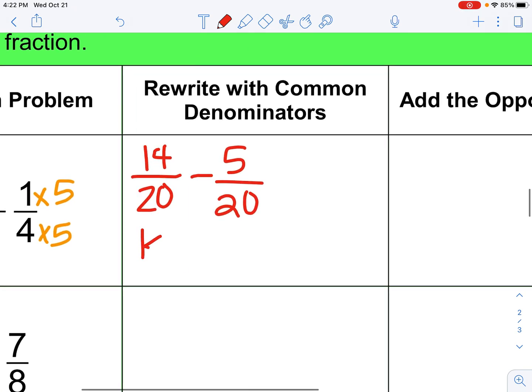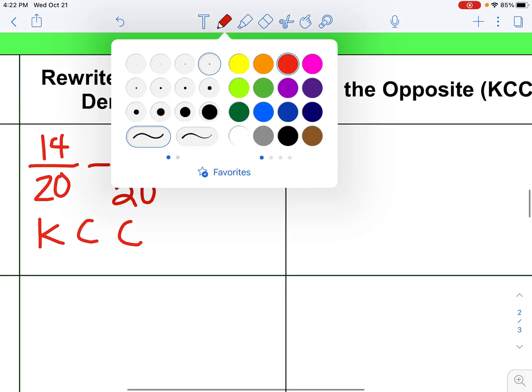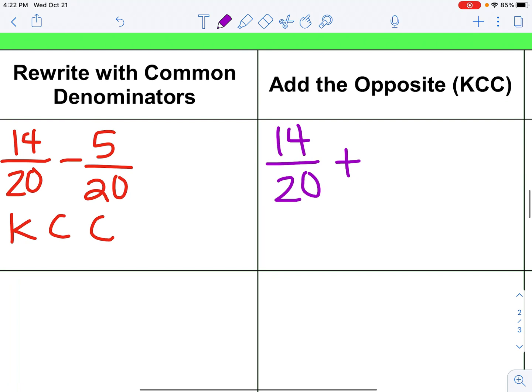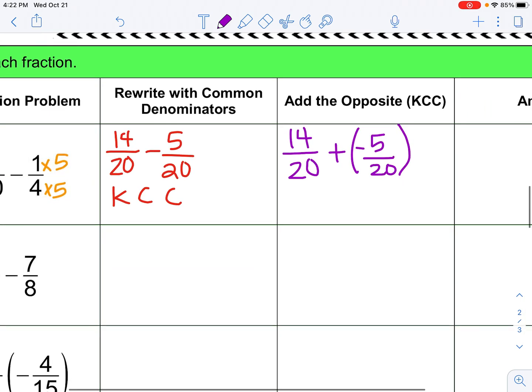Alright, now we need to add the opposite, so we need to do keep, change, change. Okay, so I keep my first number, 14 over 20. Change my minus to a plus, change my positive 5 over 20 to a negative 5 over 20. And now when we do this, I notice that I have a positive and I have a negative.